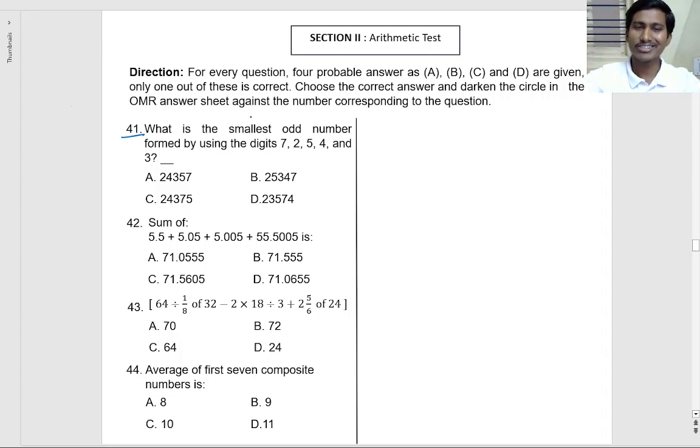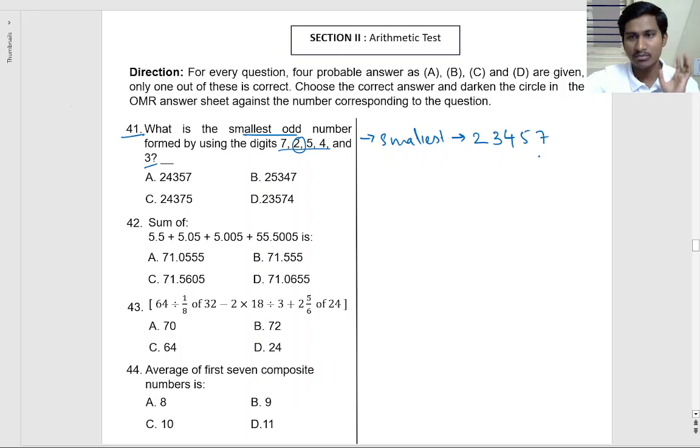This is also correct, but if you read the question: what is the smallest odd number found by using the digits 72543? To find the smallest number, we have to write from smaller to bigger numbers. Smaller is 2 here. So what will be the answer? 2, after that 3, next is 4, 5, 7.